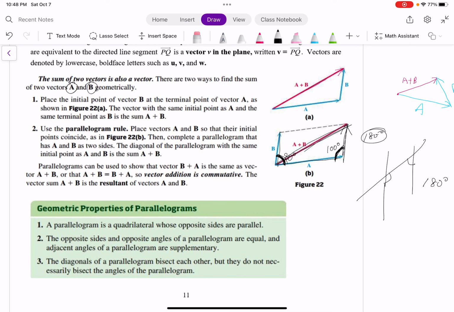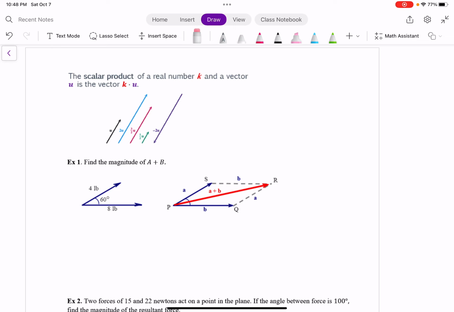The scalar product of a real number k and a vector u is a vector k times u. A scalar means it doesn't have a direction, like k equals 1, 2, 3, 4, negative 1, 2, 3, 4, or 1/2, 1/3, and multiply by u. If k is positive, we change the magnitude of u.